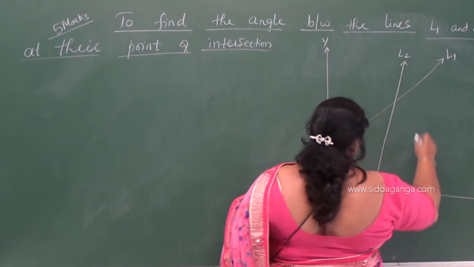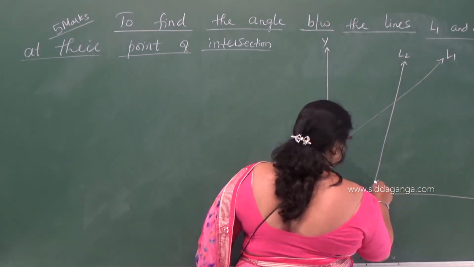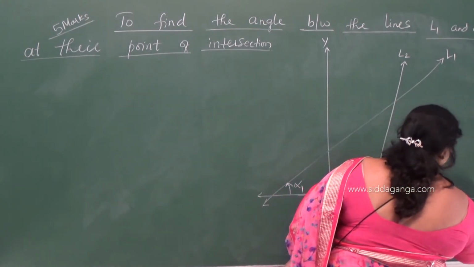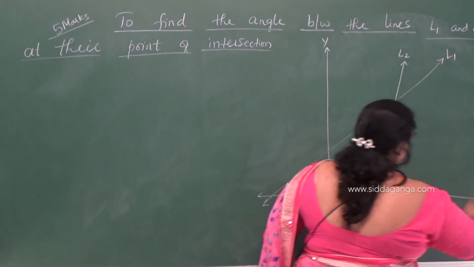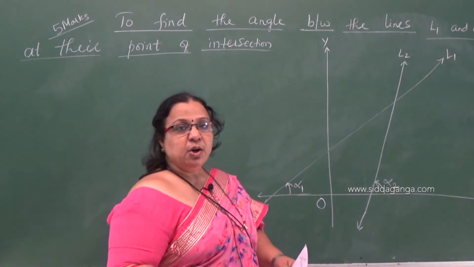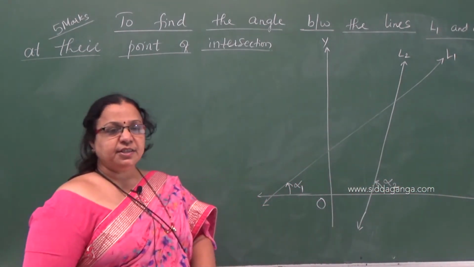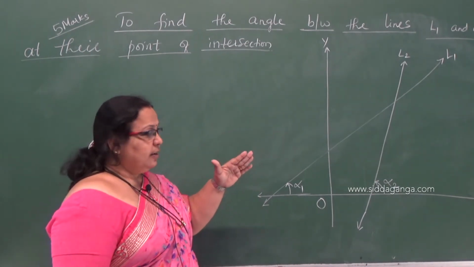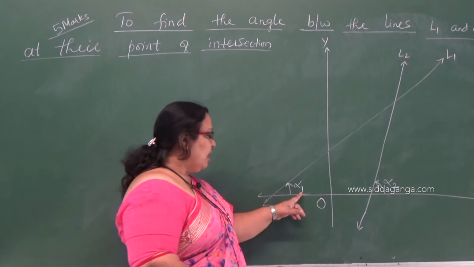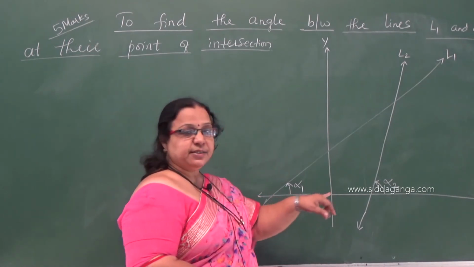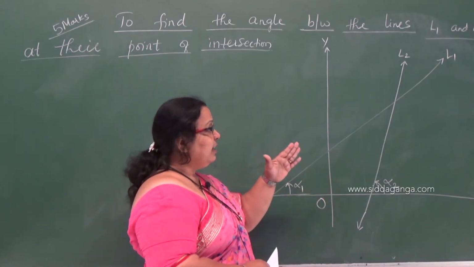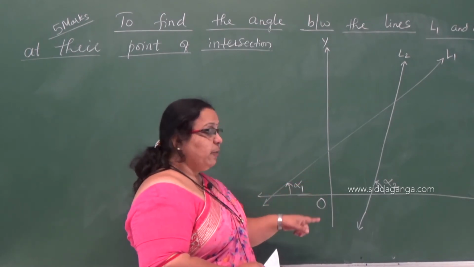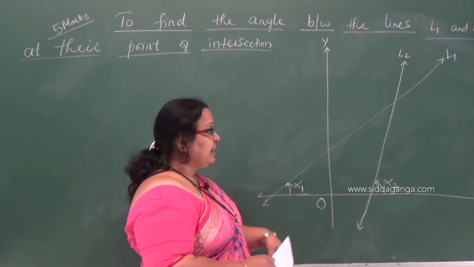The second line, let it make an angle alpha 2 with the positive x-axis. ಯಾವಾಗಲೂ ಆಂಗಲ್ ಅನ್ನ ಮೆಜರ್ಮೆಂಟ್ ಪಾಸಿಟಿವ್ x-axis ಇಂದಾನೆ ತಗೋಬೇಕು. Let the line L1 make an angle alpha 1 with positive x-axis. Let the line L2 make an angle alpha 2 with the positive x-axis.